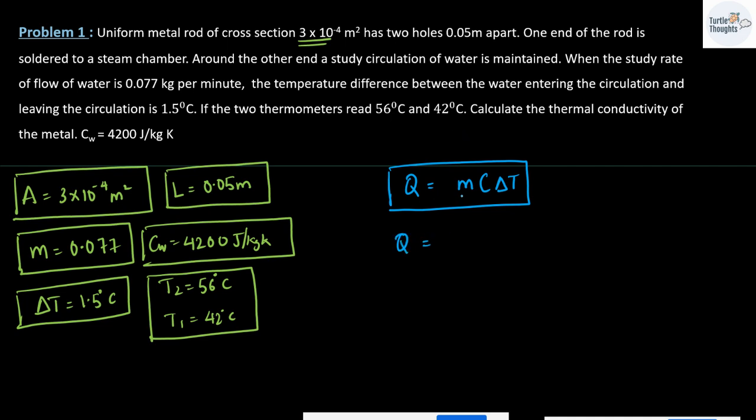Q can be written as m, which is 0.77, multiplied by C. C is going to be Cw, for water, 4200, multiplied by delta T. Delta T is going to be 1.5. When I multiply everything, I will be getting Q as 485 joule per minute.